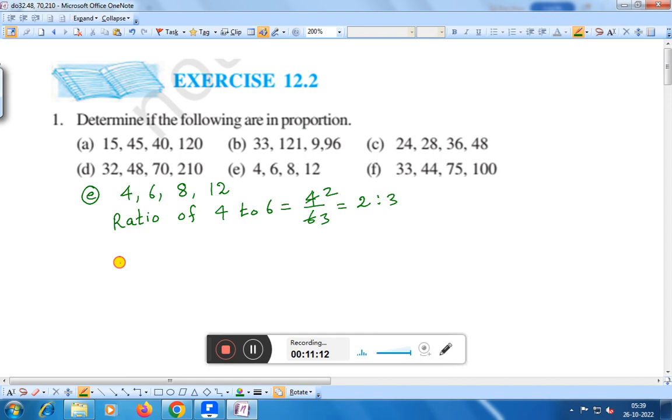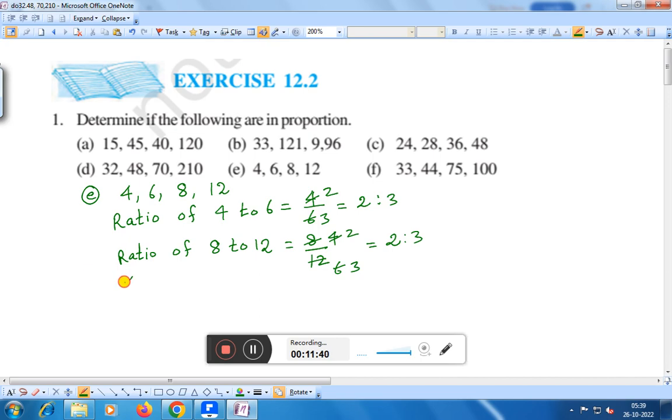Now ratio of 8 to 12 comes to 8 by 12. 2 fours are 8, 2 sixes are 12, 2 twos are 4, 2 threes are 6, that is equal to 2 is to 3. Here you see both the ratios are equal.